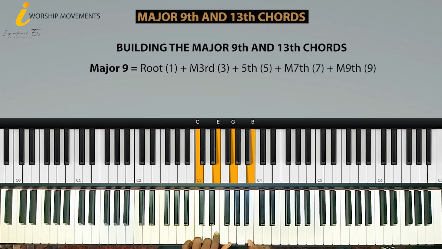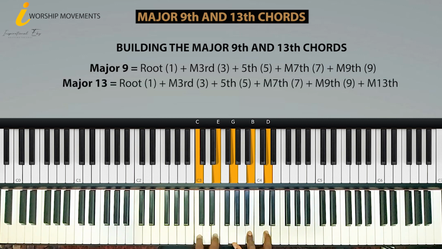We go ahead adding the 9. That is the 9 there. So this is the C major 9 chord. Look at that 9: 1, 2, 3, 4, 5, 6, 7, 8, 9. How about the C major 13?